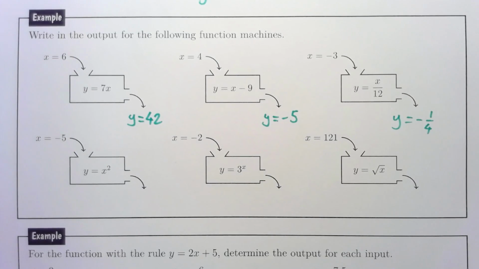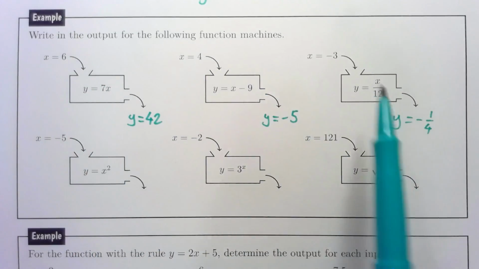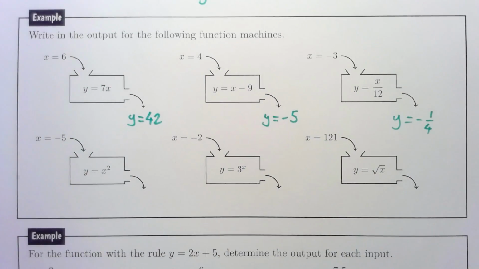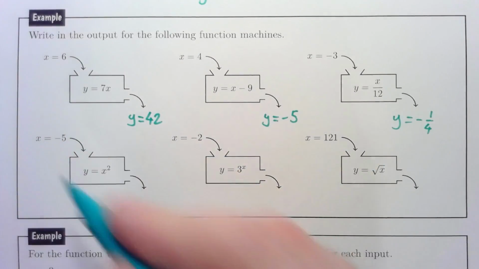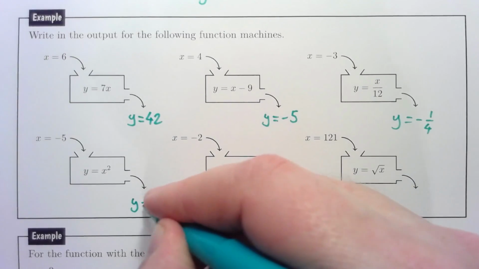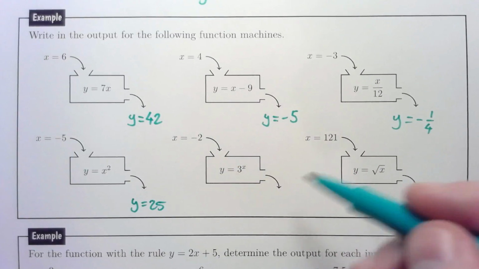Now, usually, with the types of functions we're going to look at, they're going to be sort of like the ones that we've written up here using our standard four mathematical operations. But we can use more complicated operations as well. So we can square things. If we square negative 5, we get y equals 25.